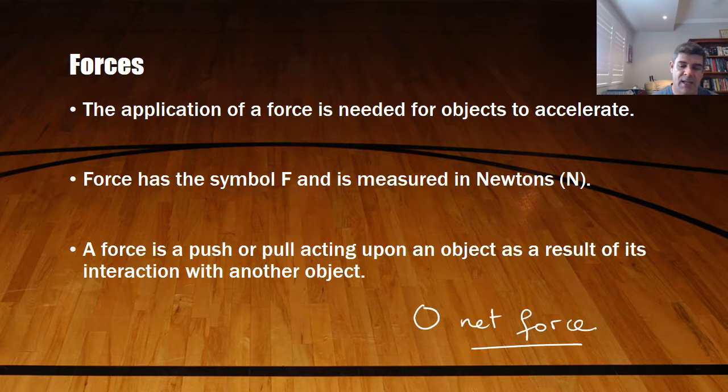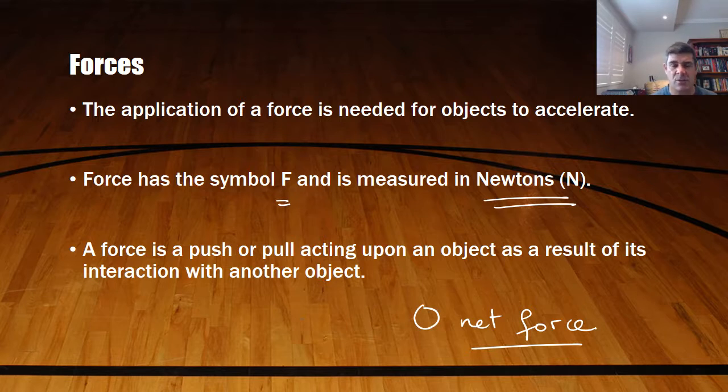And if we accept that the application of a force is needed for objects to accelerate, and force, which we've looked at previously, has the symbol F and is measured in units of newtons, then we need to apply this understanding to analyze situations where there may or may not be one or more forces acting. Forces come in a lot of different forms.